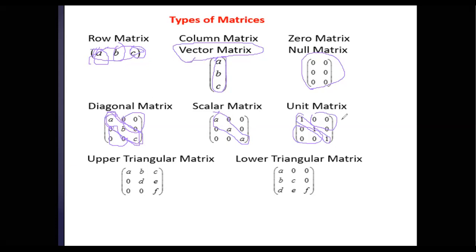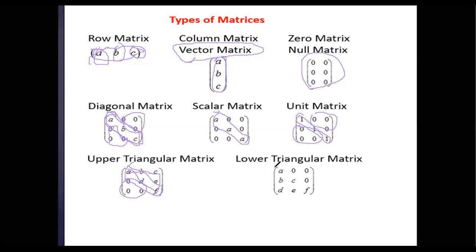After that, we have seen upper triangular matrix and lower triangular matrix. If all the elements below the diagonal line are zero, for example here they are zero, then you can prepare one triangle on the upper side, and hence it is called upper triangular matrix.